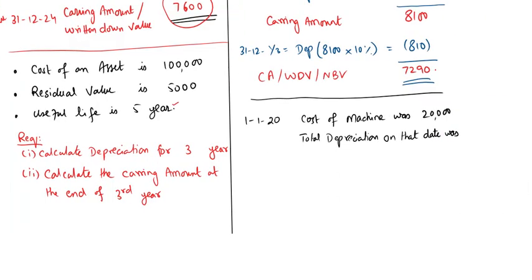Total depreciation on that date was 5,000. Depreciation rate is 15%.